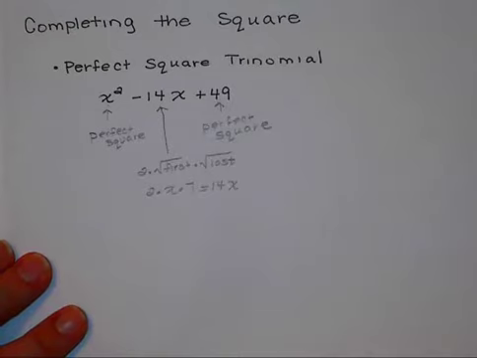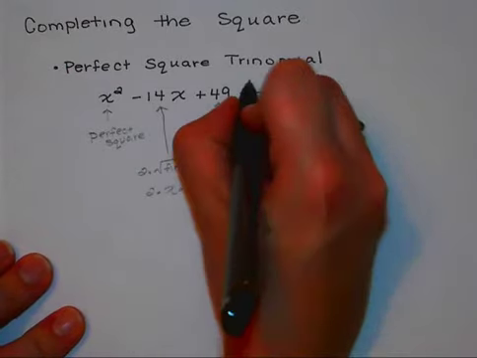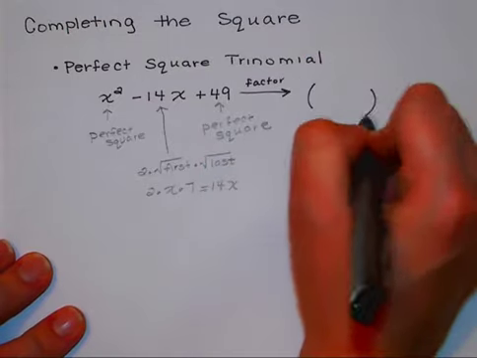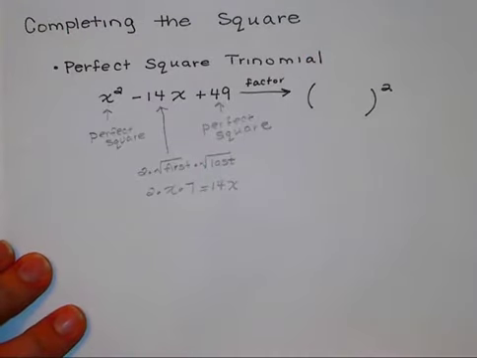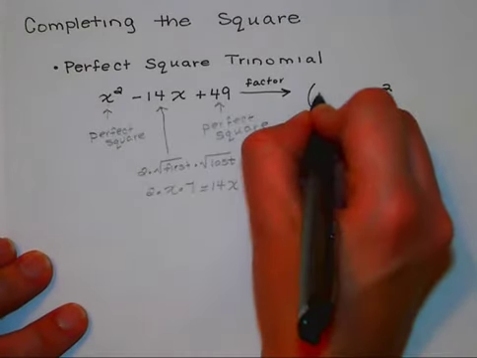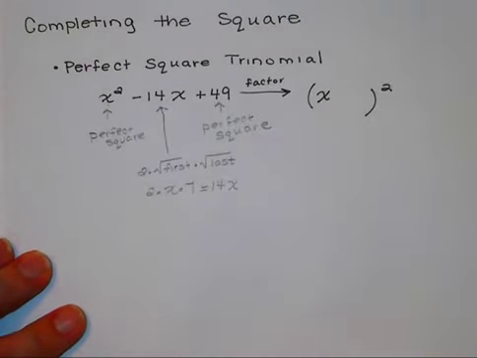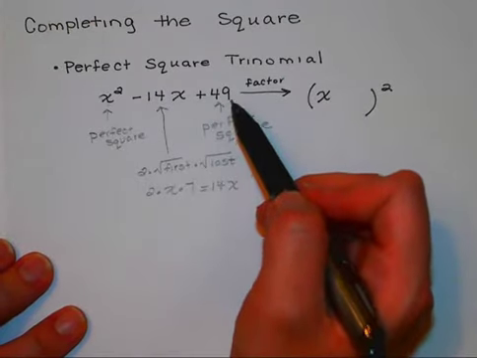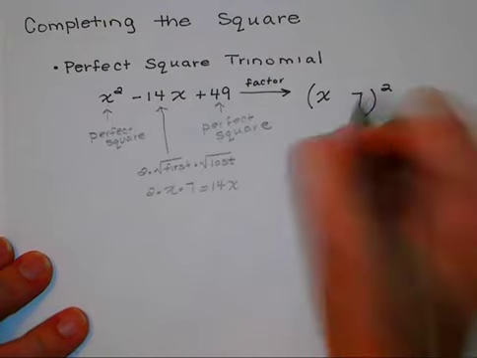Perfect square trinomials are good because they're easily factored. When you factor a perfect square trinomial, it always factors into one giant parenthesis that gets squared. In the front of the parenthesis, you put the square root of the first term. So here, remember, the square root of x squared was x. At the back of the parenthesis, you put the square root of the last term. So the square root of 49 was 7.